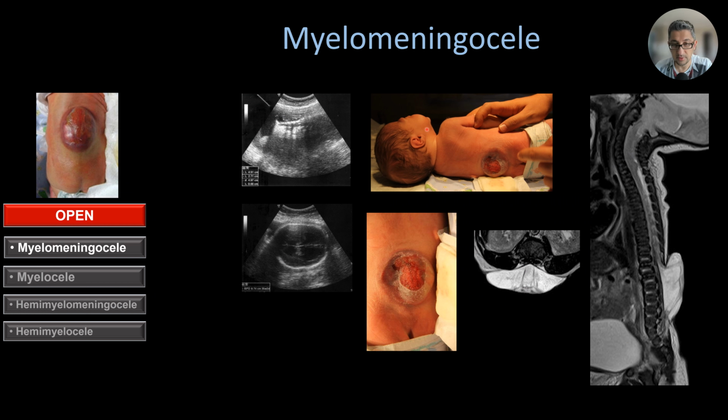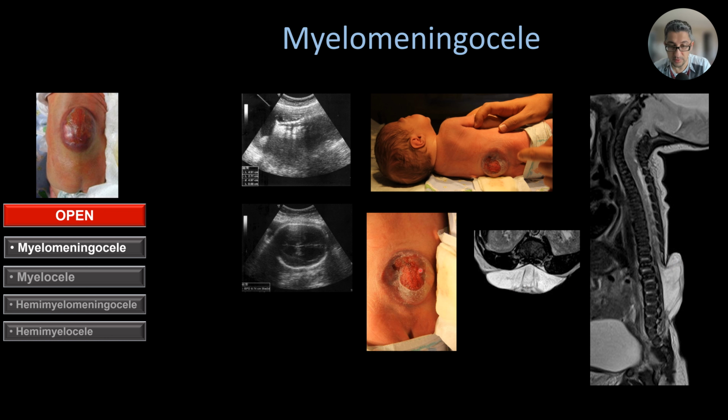Another example of a myelomeningocele. Here you can see the MRI, posterior bony defect, and there is outpouching of the dural sac along with CSF spaces and neural placode.